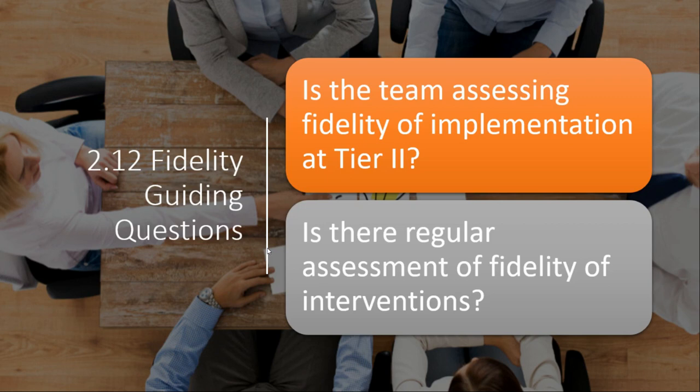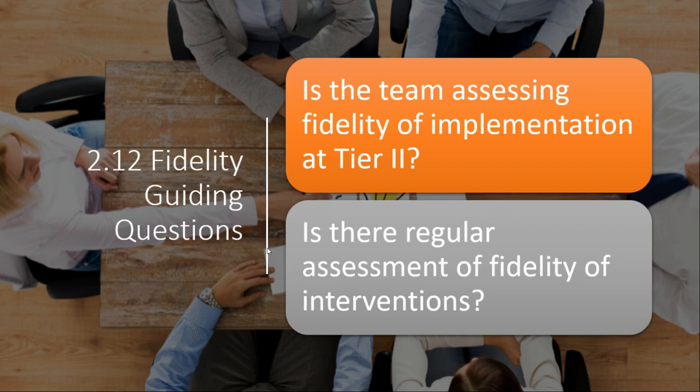So as I said, not only is that team going to be assessing their overall implementation of their tier 2 framework, they're also going to be assessing how well those interventionists are monitoring and administering those interventions to those students.